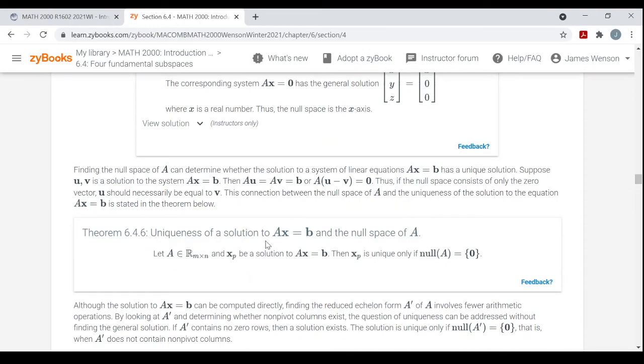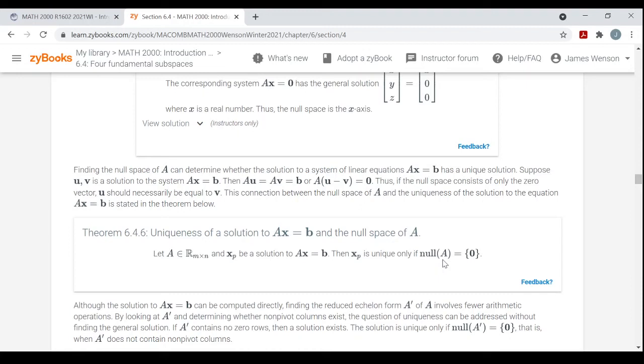So now we talk about more to do with the null space and the solutions of a system. This is all saying that if you have an m by n matrix and a system A times x equals b that has a solution called xp, some particular solution, then that solution will be unique if the null space of A is only the zero vector.